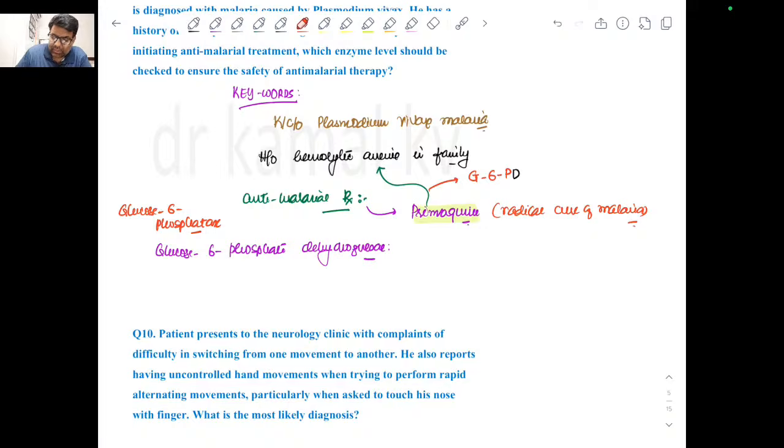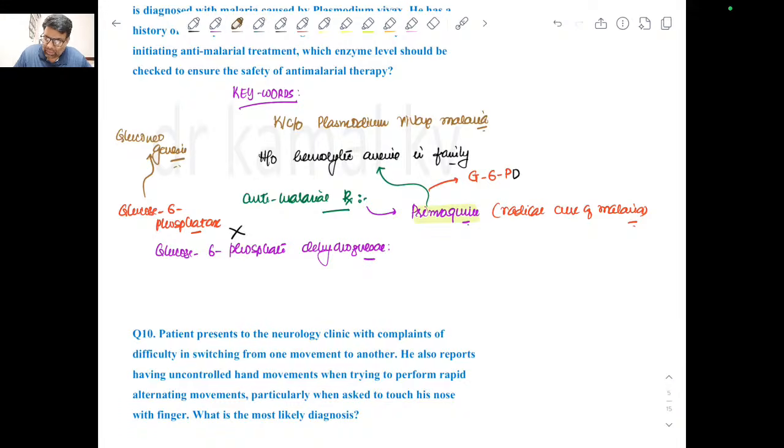Clear? So please make sure that you don't mix up between the two names. Glucose 6 phosphatase is a different enzyme in gluconeogenesis pathway, where glucose 6 phosphate is ultimately converted into glucose. So that's a separate thing.